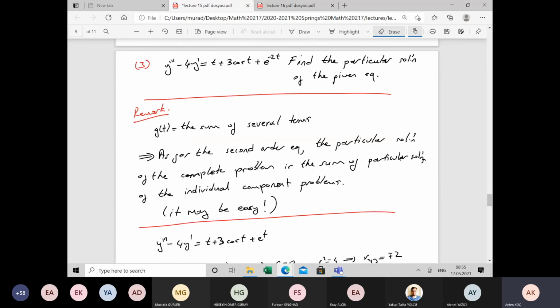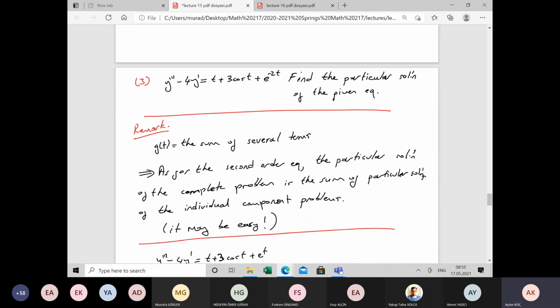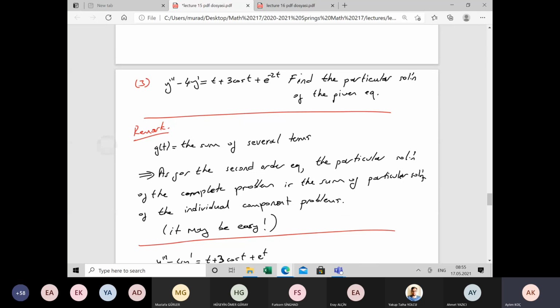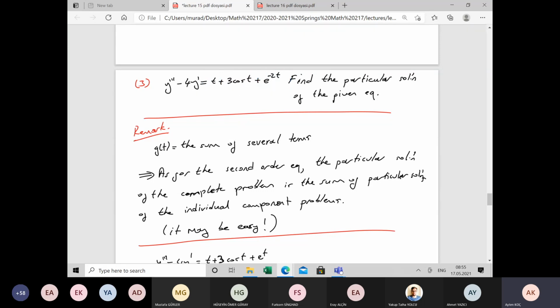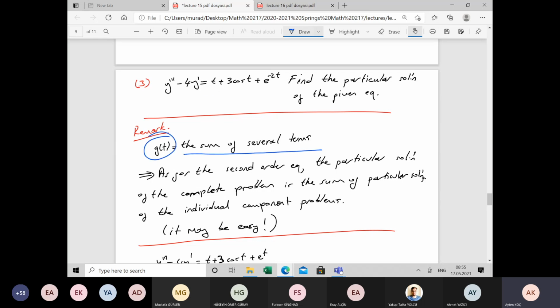And so the next question is non-homogeneous, and also the right side is a sum of functions, and polynomial, trigonometric, and exponential functions are okay. If the right side of the differential equation, g of t, is the sum of several terms, sometimes we obtain several differential equations: take this one as the first one, the second one, and this one is the third one.